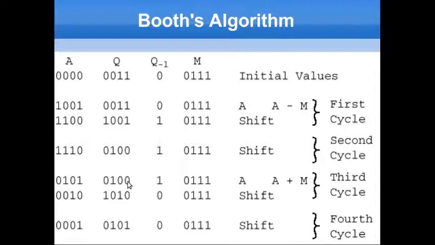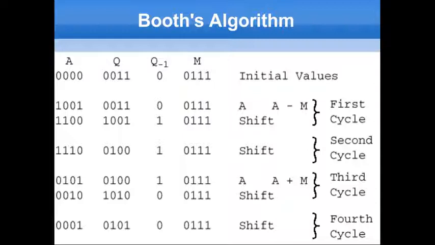Similarly, if we jump to the third cycle and we compare the least significant bit of Q with the content of Q minus 1, we group them such that we form a binary number 0, 1, and we evaluate the most significant bit of that number.